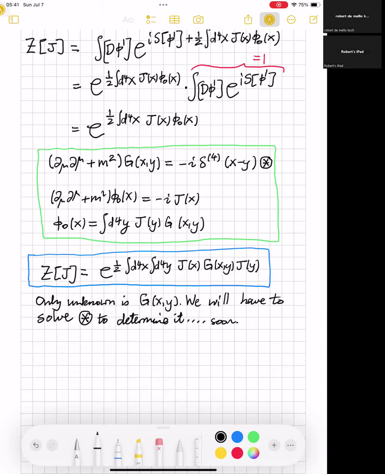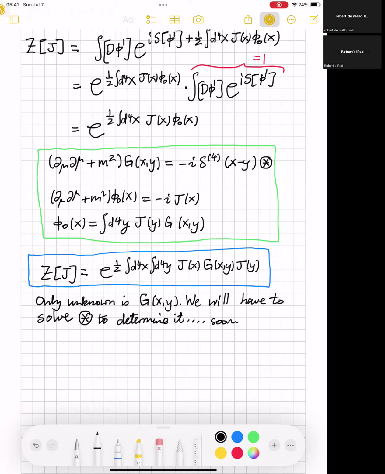Then we said, well, we have to solve for phi naught of x. To solve for phi naught of x, we need to solve the middle equation in the green box. So (∂_μ∂^μ + m²) acting on phi naught of x was equal to minus i J of x. How did we solve that equation? We solved it using the Green's function method.